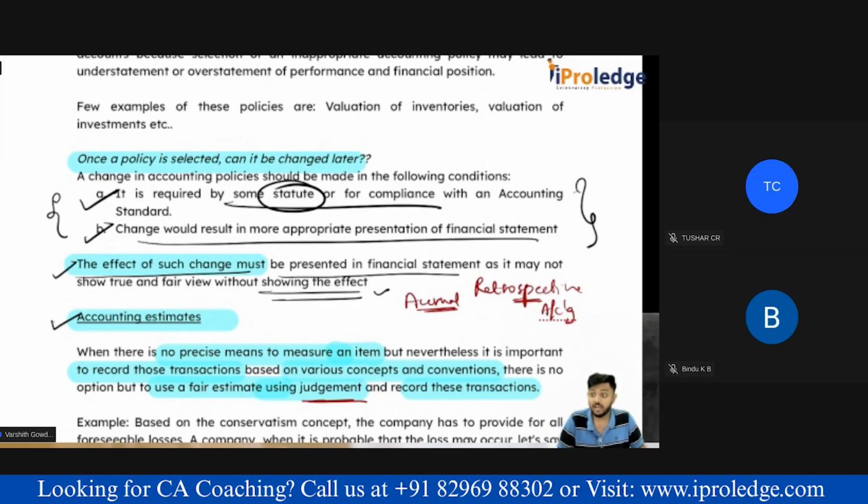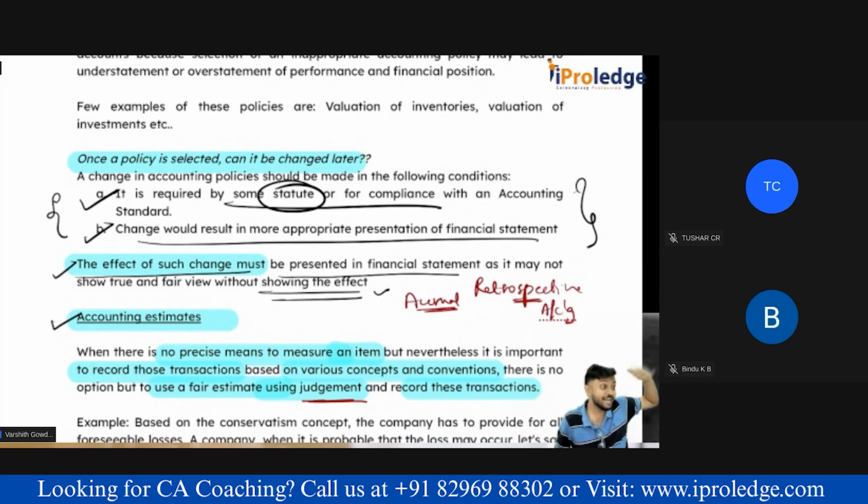So what I'm telling you, if there is a change in accounting policy, you have to do a retrospective account. That means go back, rework the calculations as if the first day only you selected FIFO. Right now you don't have all that. It will come at the final level. But you understand now what is retrospective. I'll not let you do prospective. Go back, do the workings as if you selected FIFO from the first day.